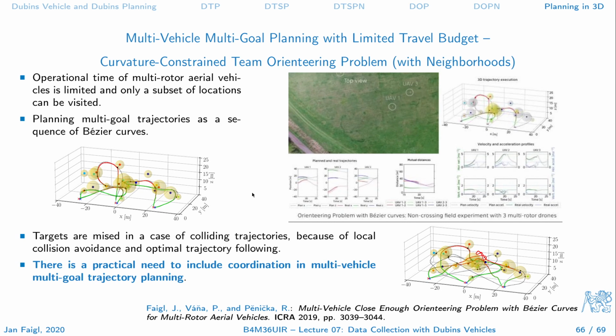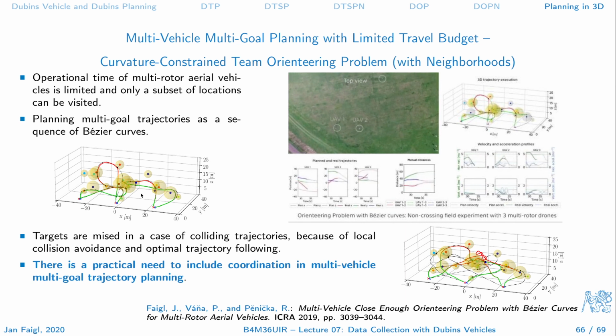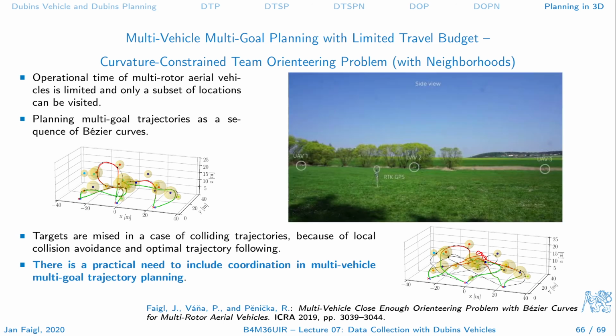Here is still an unaddressed problem, because we plan the mission and then we deploy it on the robots. There is a collision avoidance system, and if a collision is detected, one of the vehicles makes an avoiding maneuver, which takes some time.